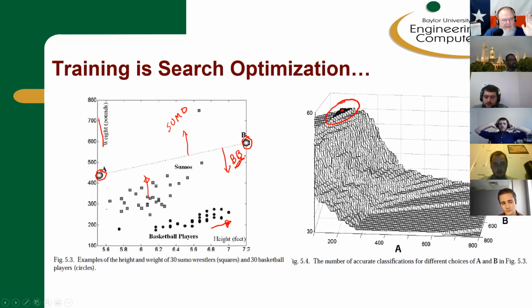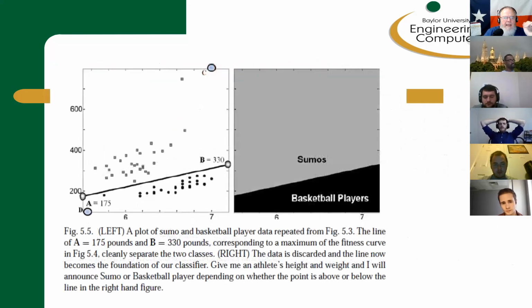Do you see how the training algorithm is a type of search? And this is an instantiation of one of those. Here, for example, A is equal to 175 and B is equal to 330, and this gives us the best differentiation. In this case, the data is cooked a little bit because there are no misclassifications.